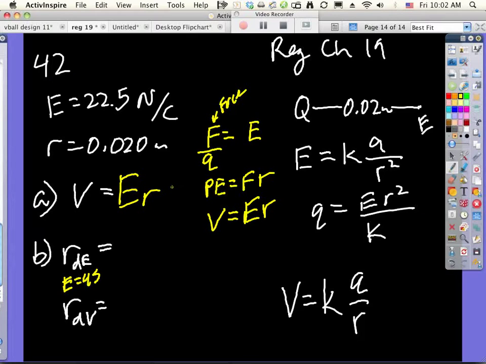So 0.45 volts. Correct me if I'm wrong. I'm just going to go with that for now. And then that means our electric potential will be 0.9 volts. So just do the math.